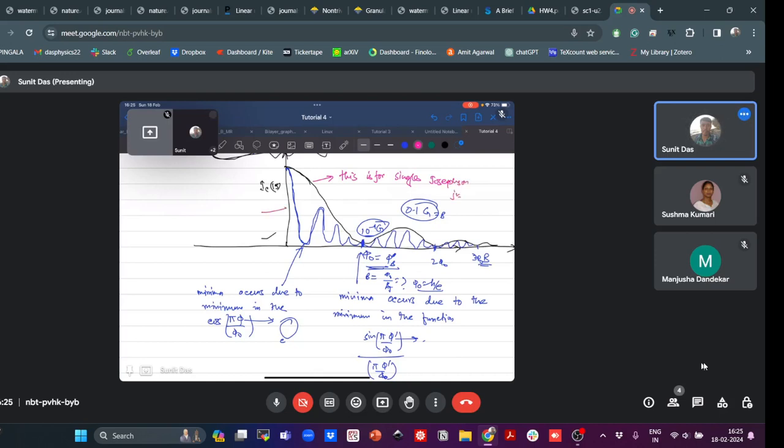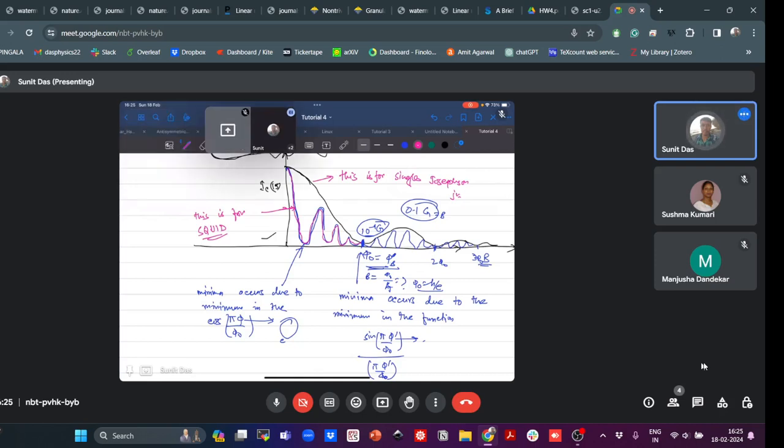Okay. This blue curve is for the SQUID. So this SQUID current distribution actually follows the envelope of the single Josephson junction, but it has many other minima and maxima in between each interval, right?